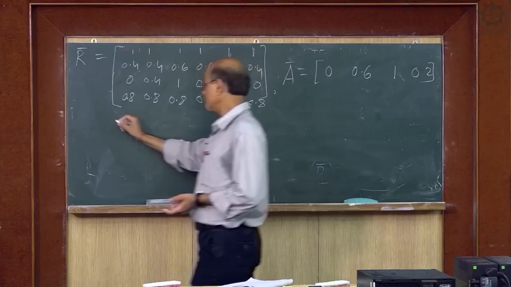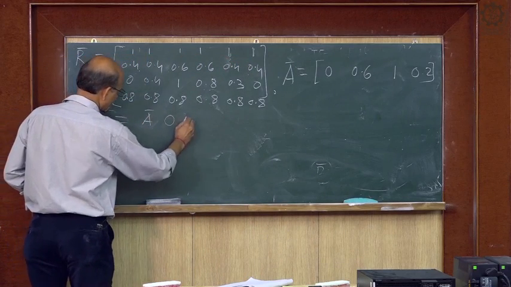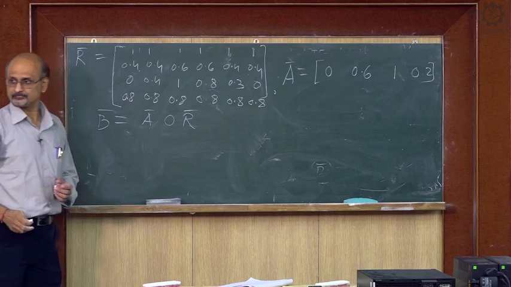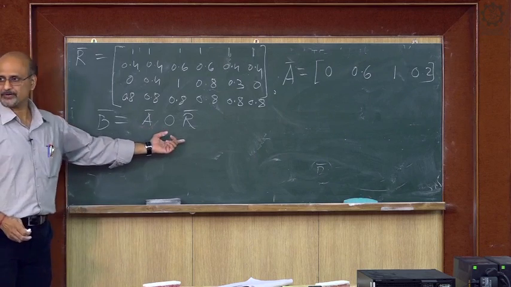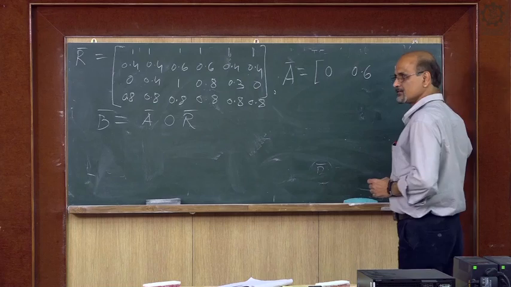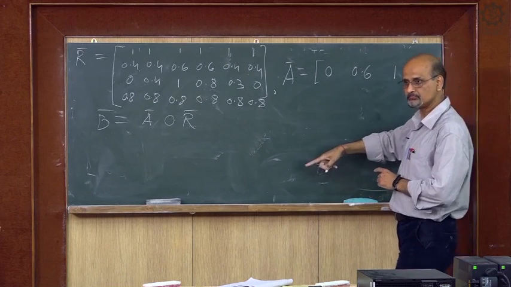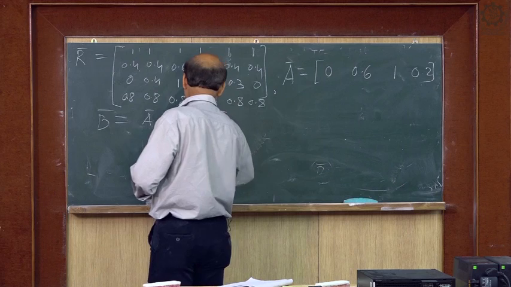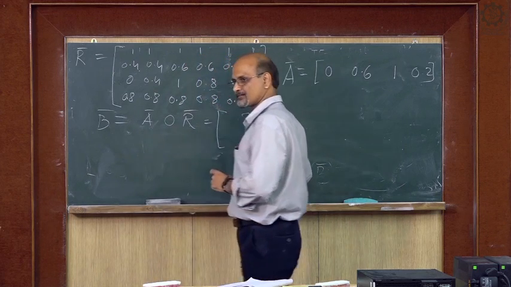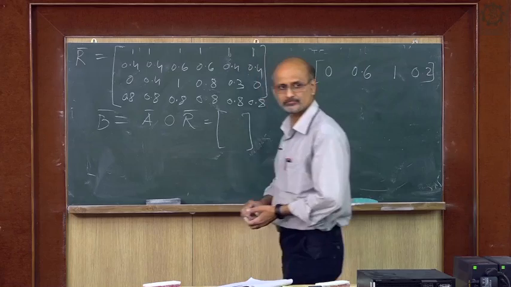So, B bar should be A bar composition R bar. If I have to write A bar in column or row?